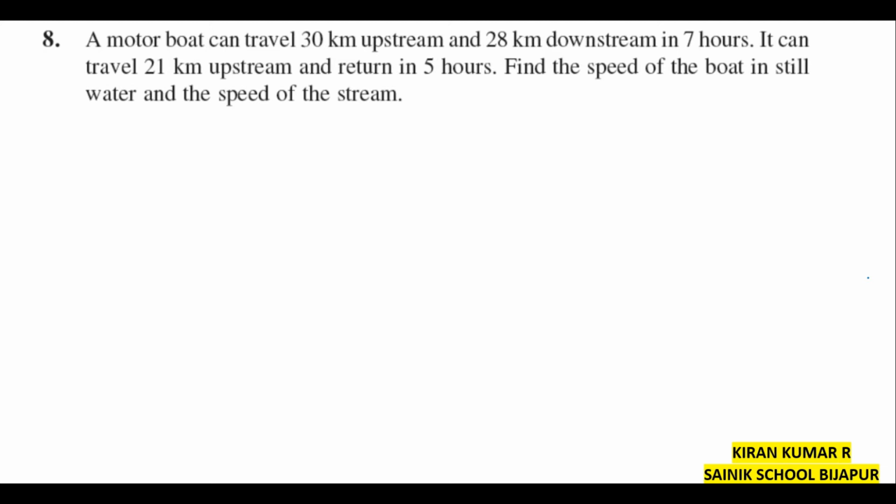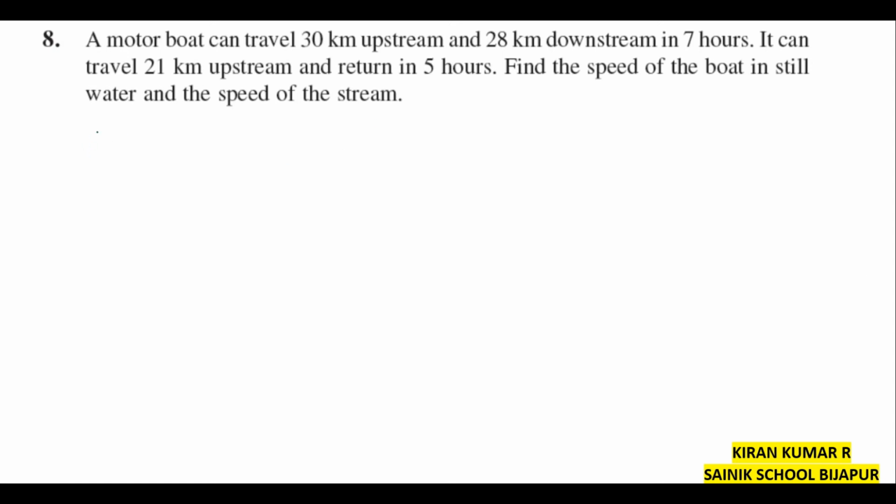A motorboat can travel 30 km upstream and 28 km downstream in 7 hours. It can travel 21 km upstream and return in 5 hours. Find the speed of the boat in still water and the speed of stream.